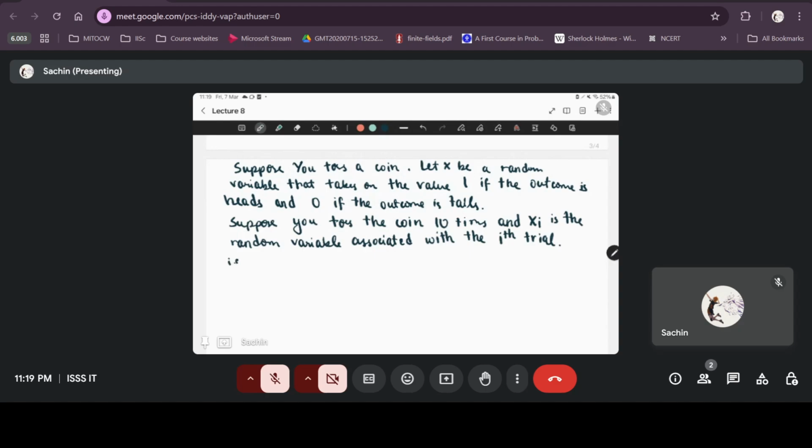That is, Xi of omega is equal to X of omega in the ith trial.